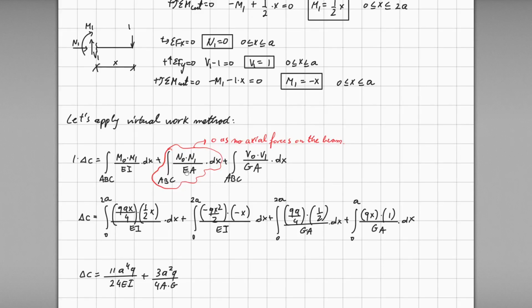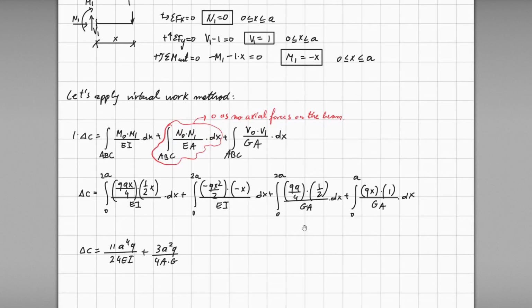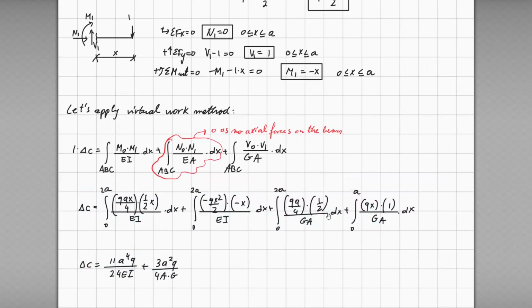The axial action is going to be 0 as there is no horizontal load acting on the beam, as mentioned previously. Therefore, we continue by adding the shear functions, and in the end we have that the displacement at point C is going to be as shown here on this part.